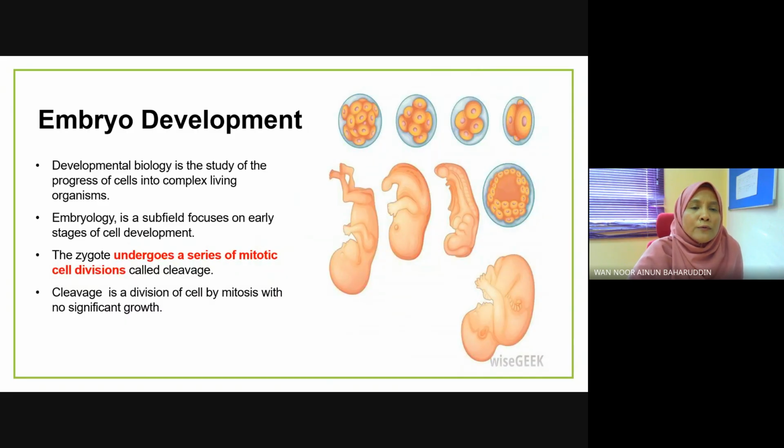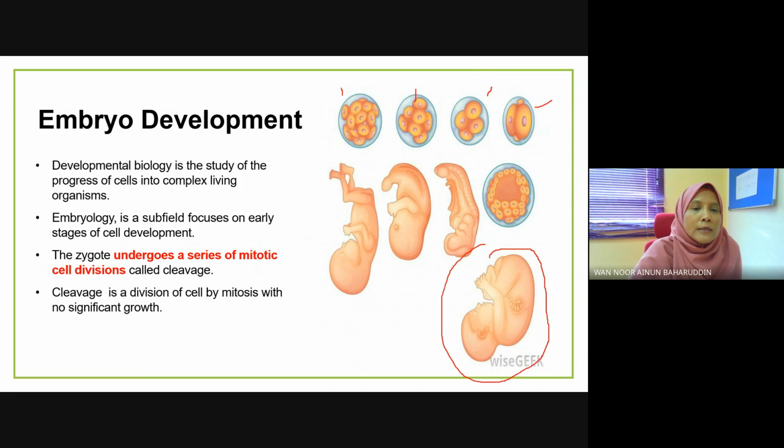So now we go to embryo development. Development of the embryo is the study of the progression of the cells from 2, 4, 8, 16, and becoming a complete human.